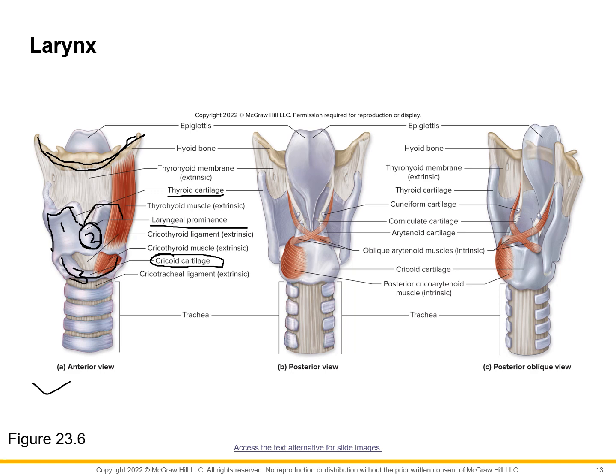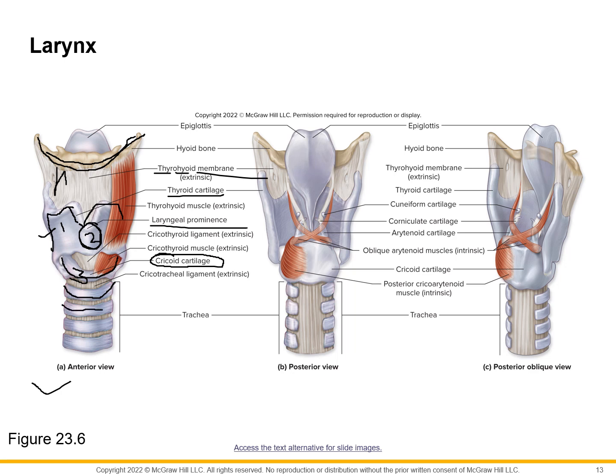Now, the thyroid cartilage is attached to the hyoid bone with this membrane called the thyrohyoid membrane. Now, beneath the cricoid cartilage, which is number 3, the whole trachea is anteriorly supported by C-shaped cartilaginous rings.